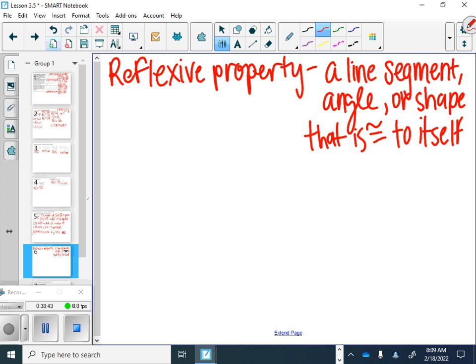Just like what we talked about on the front on number 8, that segment QS was congruent to itself because it was the same thing for both triangles. So reflexive property is saying that a line segment, angle, or shape is congruent to itself.